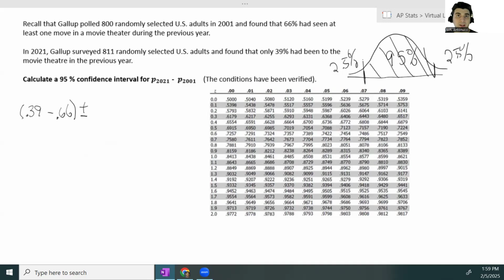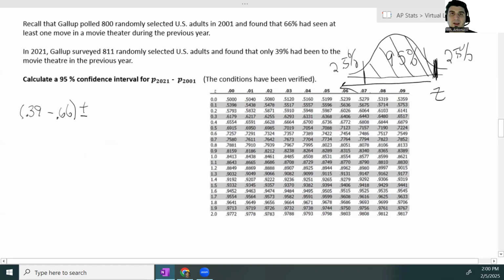Since I'm looking at the positive z-scores, I need to find the z-score for this point right here, which is going to give me the probability of anything less than that z-score, which is 97.5%, because it's from that z-score all the way down. Okay, which translates into 0.975.